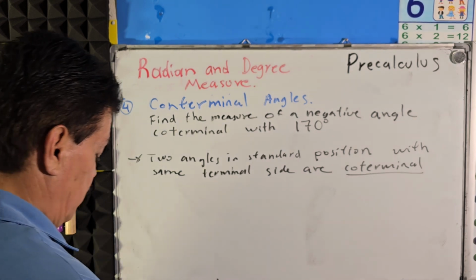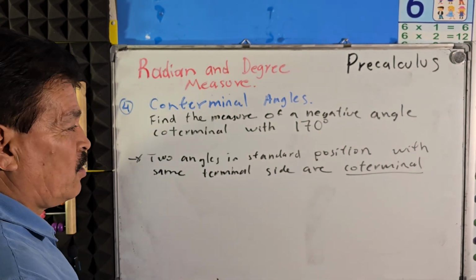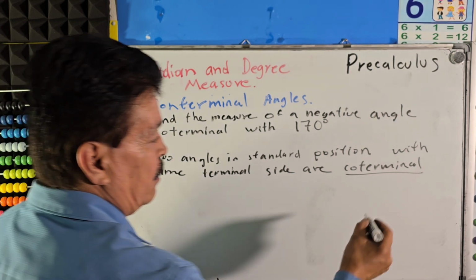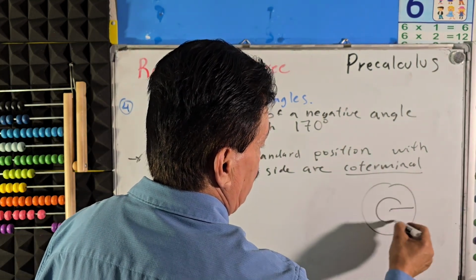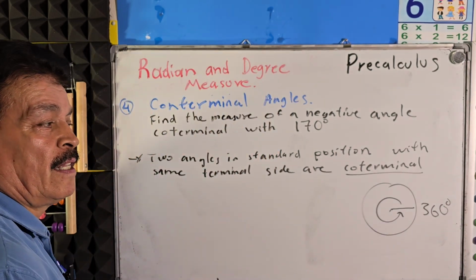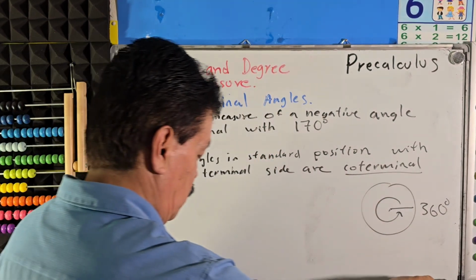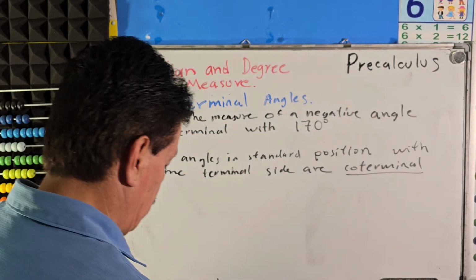What I mean is, you have the complete rotation right here, right? Like this is 360 degrees. It's the total round. That's one idea.